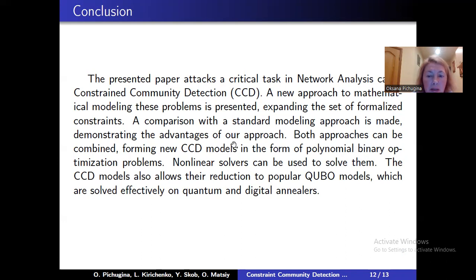Both approaches, standard and ours, can be combined, forming new CCD models in the form of polynomial binary optimization models. Nonlinear solvers can be used to solve them. The CCD model also allows the reduction to popular QUBO models, which are solved effectively by quantum and digital annealers. Thank you for your attention.